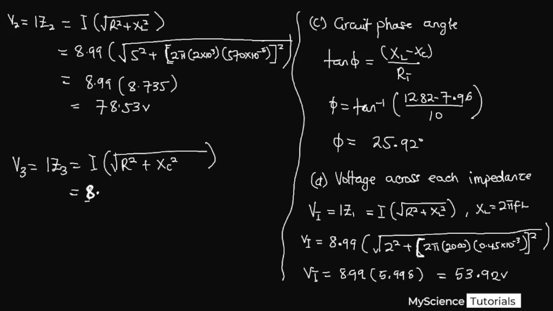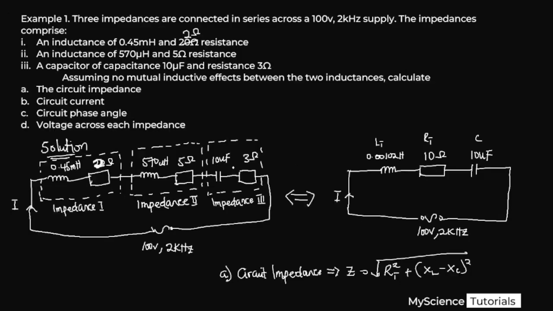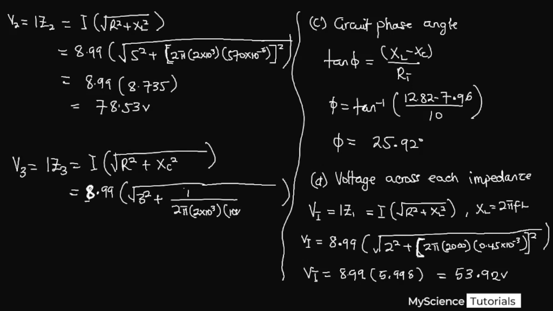Let me just write it straight: 8.99, then into bracket the root of 3 squared, which is our resistance, plus over here our XC. The XC is 1 over 2 pi F, where the frequency is 2 times 10 raised to the power 3, then our capacitance of the capacitor, which is 10 microfarad, so we have 10 times 10 raised to the power minus 6.